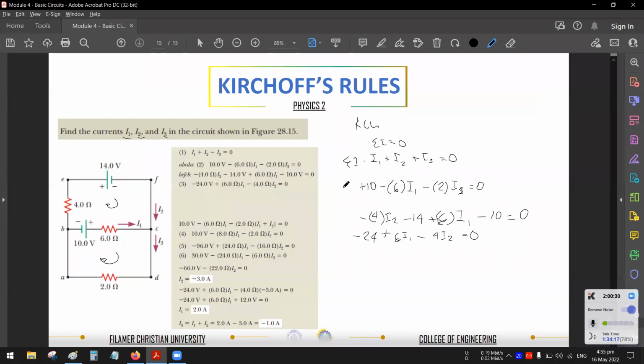Okay, so sinimplify na to. So ito yung equation 2 natin, ito yung equation 3. Okay. So ito tsaka ito, the same lang to. Inadd ko lang yung negative 14 tsaka 10. Ayan.